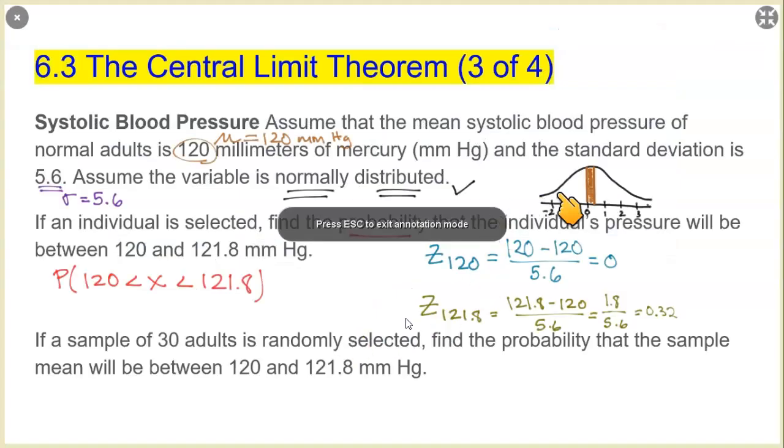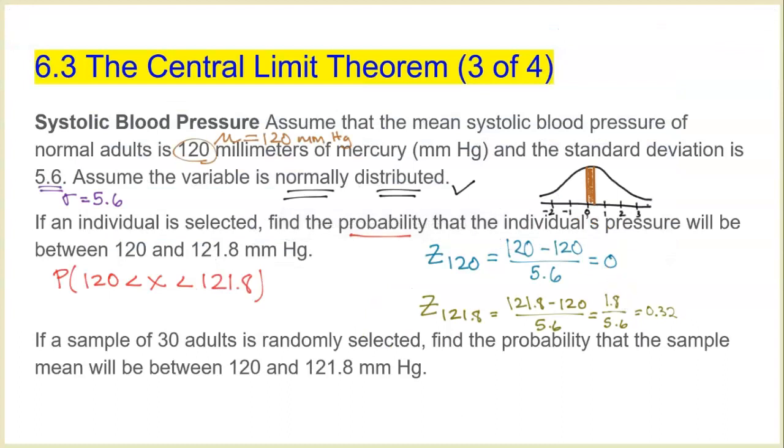So when I go back, this area of 0.5000 is the area to the left of this number, and then this area of 0.6255 is the area to the left of 0.32, so it includes the brown and the white. But if I want only the brown, then I need to subtract those two numbers.